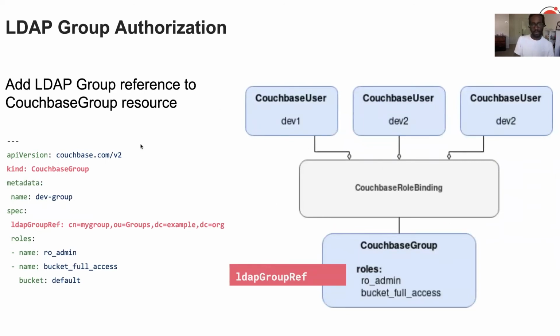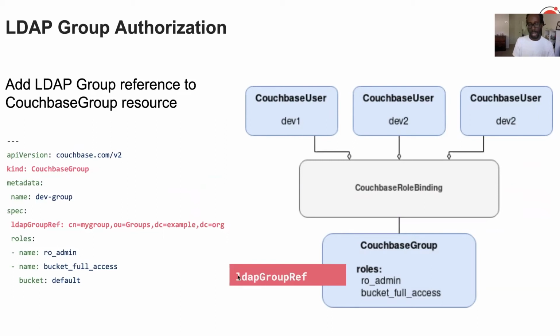The Couchbase RBAC group has added the concept of an LDAP group reference, where you can reference an LDAP group from a Couchbase group and provide a one-to-one mapping that says any user that's a part of this LDAP group will be able to inherit the roles of the Couchbase group.